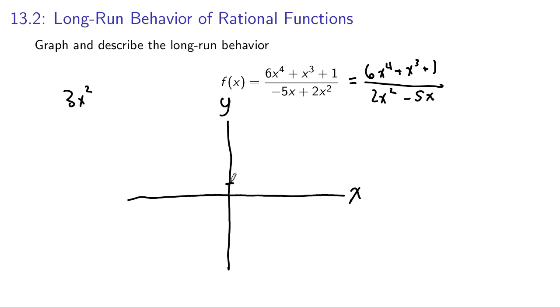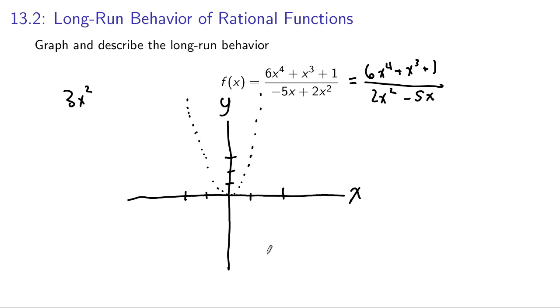So 1, 2, 3, and 1 is where the parabola will go through, and it will go through 9 at 2. So it's going to quickly go way up here, and that's what our long run behavior is going to be shaped like. So our graph will approach a parabola as we get away from the y-axis.